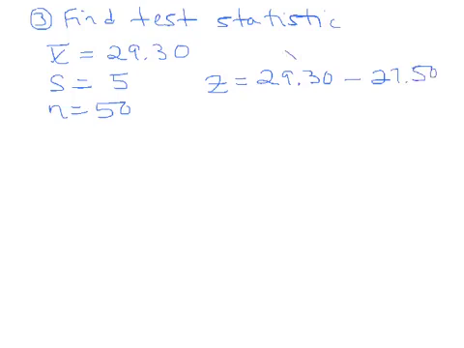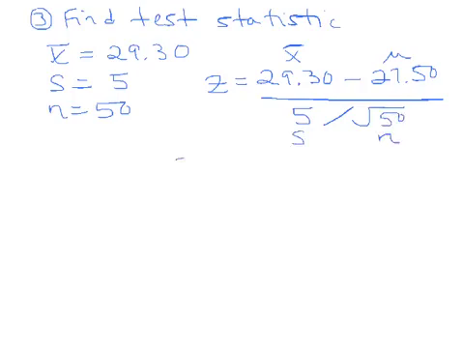So remember, this is my x bar, this is my mu. Okay, so over standard deviation, which is 5 divided by square root of 50. Remember, this is my n, and this is my s. So if I calculate that, that comes out to be 2.54.